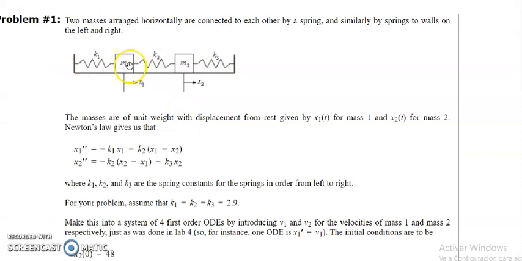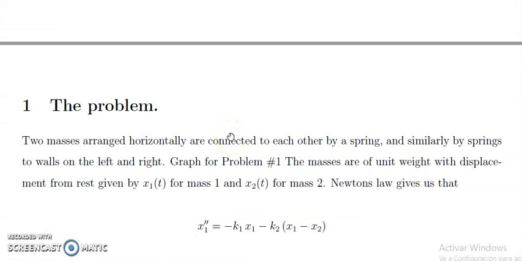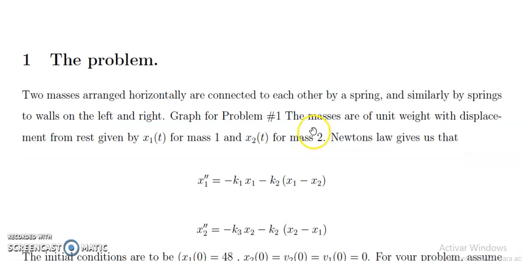Two masses, M1 and M2, are connected by this spring, which has constant K2, and there is a spring here, and there is another spring here, K1 and K3. The two masses arranged horizontally are connected to each other by a spring, as I just told you.